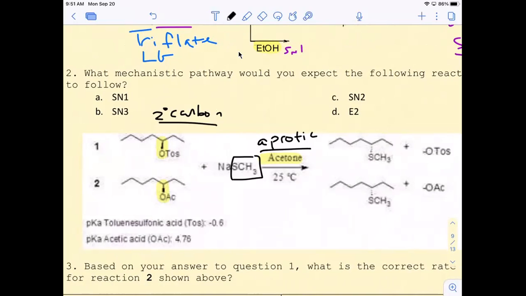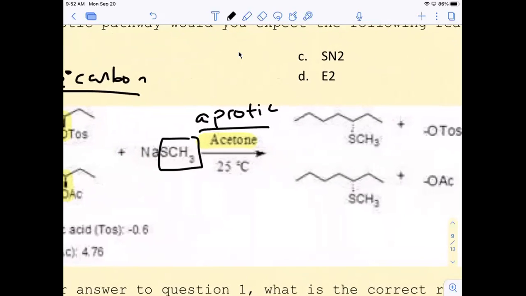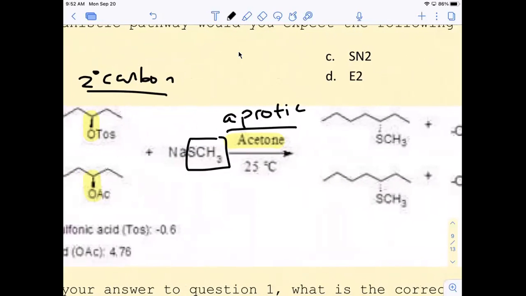SN2. So what about the product? Look at the difference in the stereochemistry. Can you see that? How the product is dashed, but the starting material where the carbon where the leaving group is, is wedged. Is that right? What do we call that when the stereochemistry changes like that?